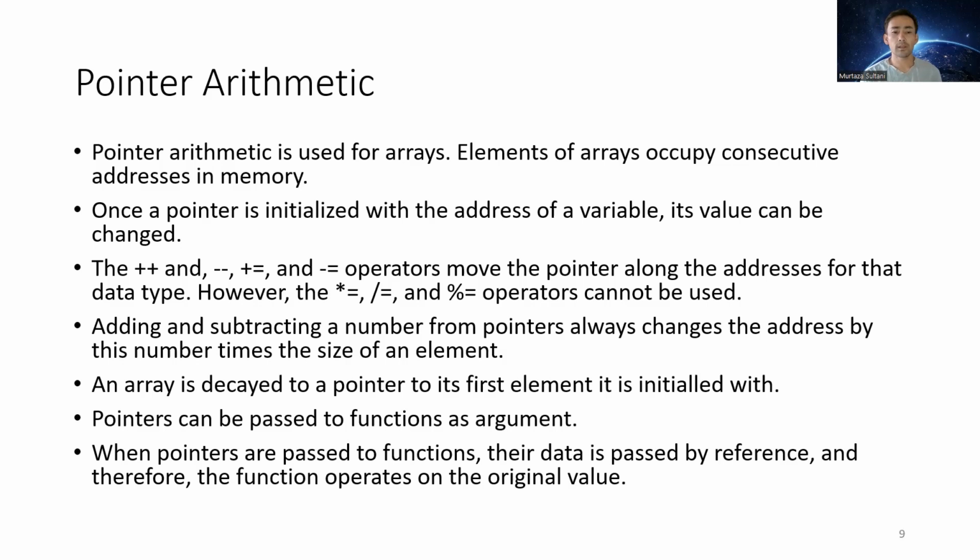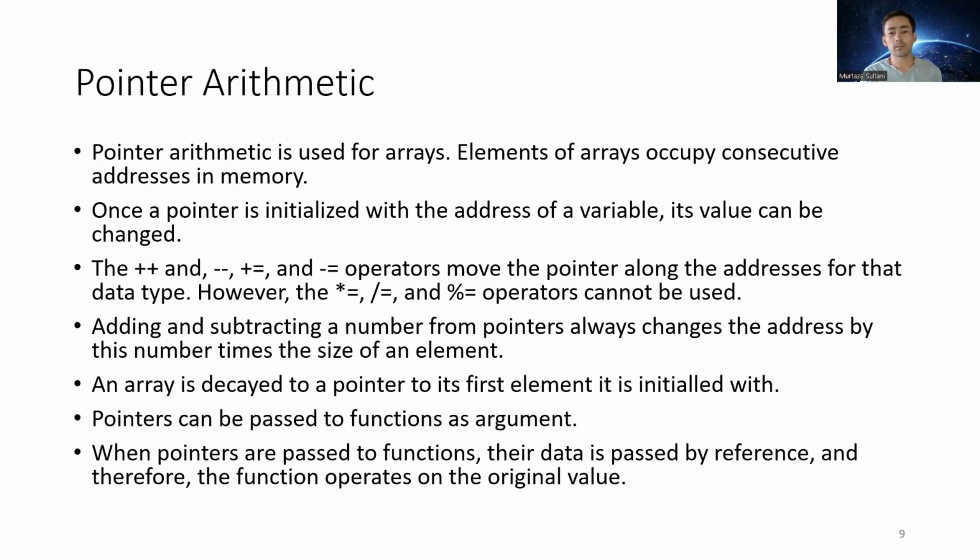An array decays to a pointer to the first element that it is initialized with. When we pass arrays to functions, it doesn't give us the elements of the array; it decays to the first element's address.